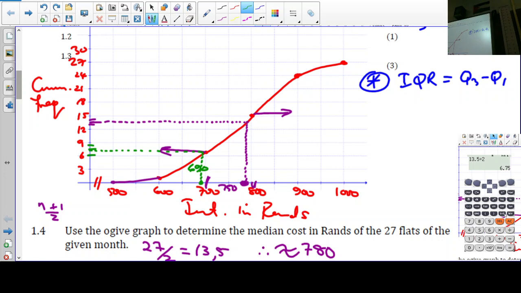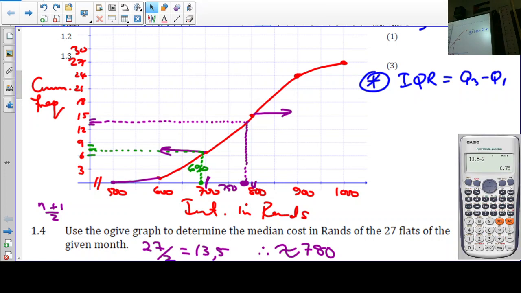And then Q3 will be 3 over 4 times the number, which is 27. That gives us 20.25. So we go again on the graph: 15, 18, 19, 20. 20.25 is just above 20.